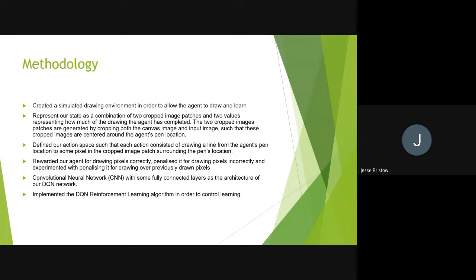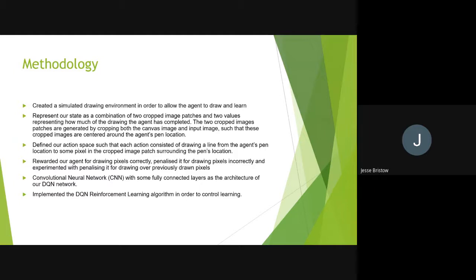We then defined our action space such that each action consisted of drawing a line from the agent's pen location to some pixel in the cropped image patch surrounding the pen's location. We then rewarded our agent for drawing pixels correctly, penalized it for drawing pixels incorrectly, and also experimented with penalizing it for drawing over previously drawn pixels.